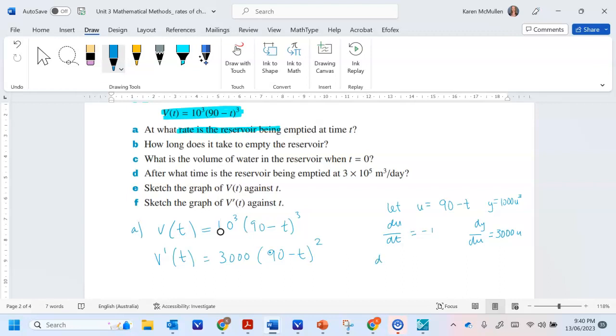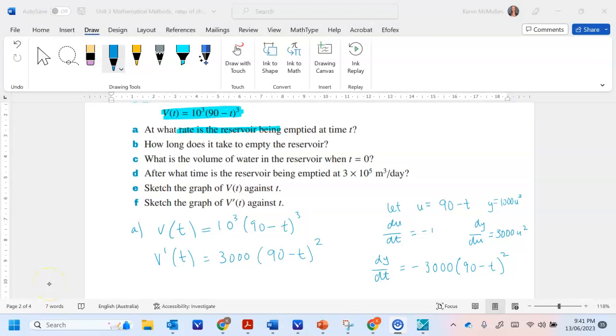So dy dt is negative 3000 times u, whoops, forgot to put the 2 there, squared.